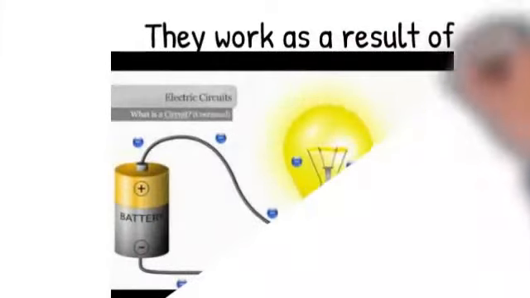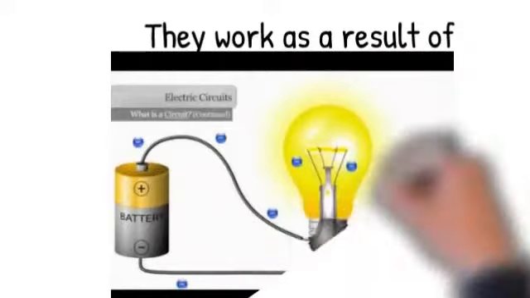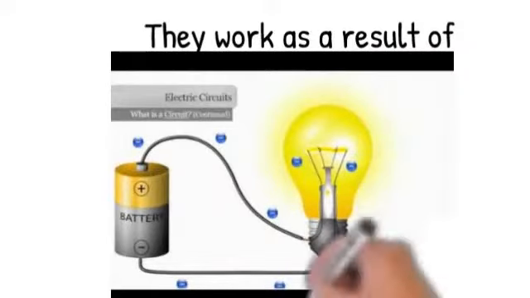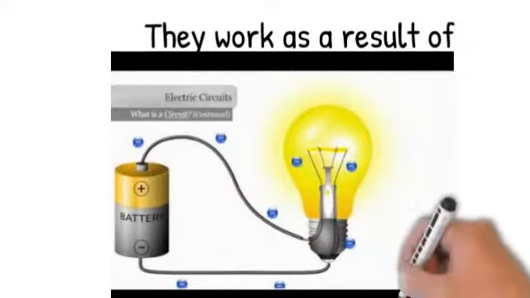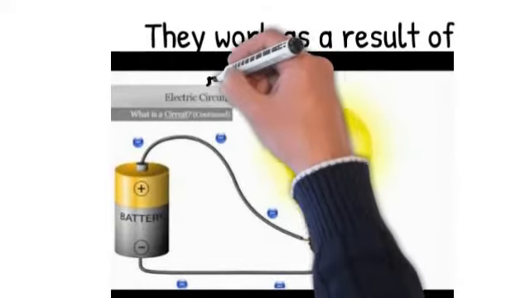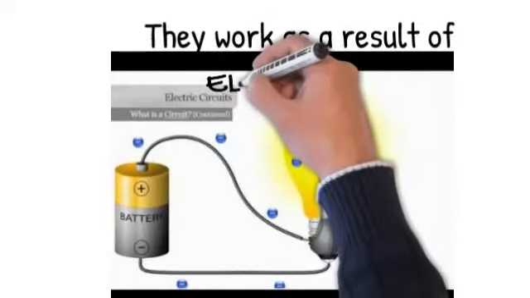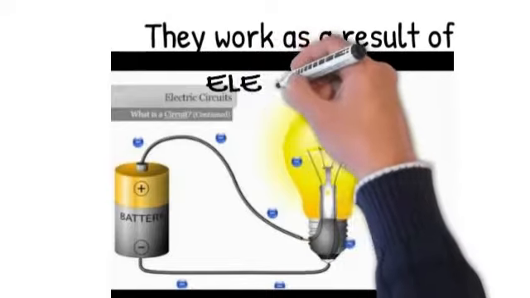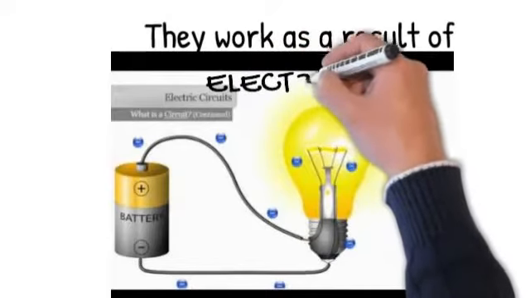Now, look at the electric circuit being drawn now. We have a battery and we have the light bulb. The battery produces electrons that make the light bulb come on. All these appliances I made mention of work as a result of electricity.